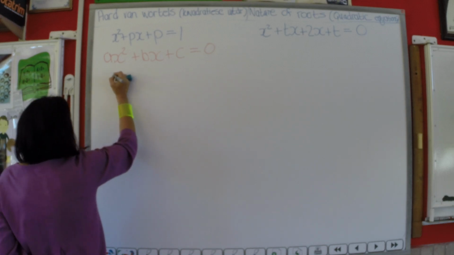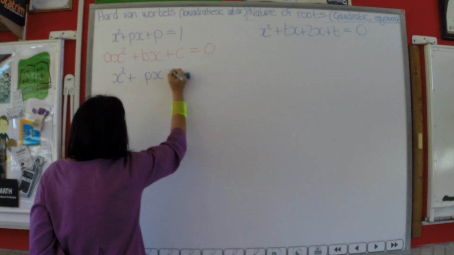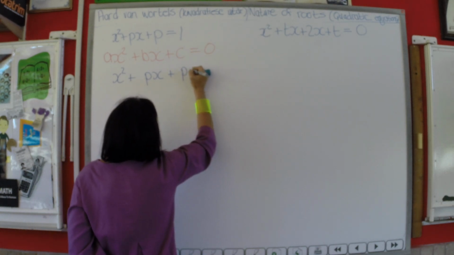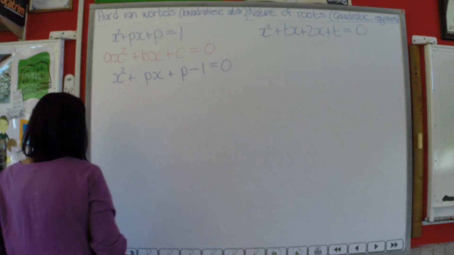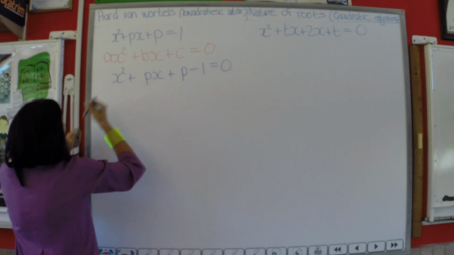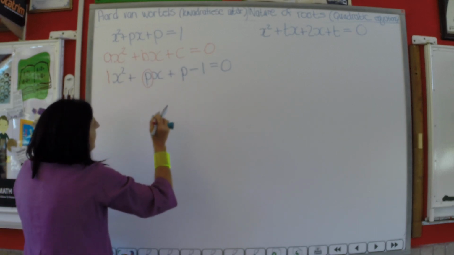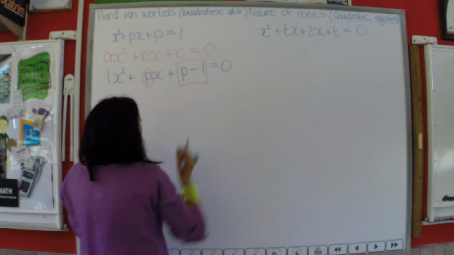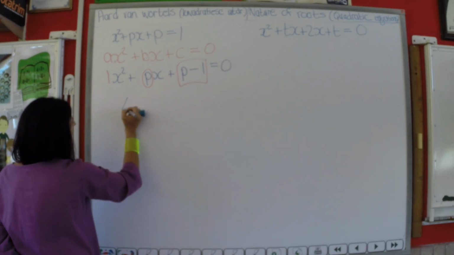So I've got x squared, I've got bx, and then I've got p minus 1 equals 0. So a equals 1, b equals p and c equals p minus 1. Very important. Now I can determine the value of delta.